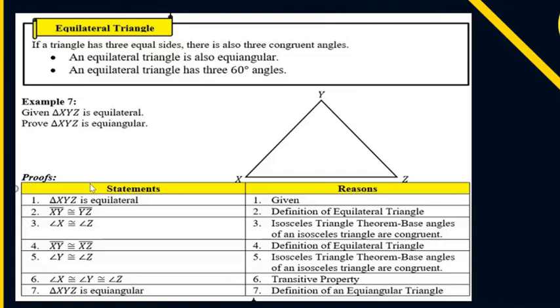Then segment XY is congruent to segment XZ, by definition of equilateral triangle. Then angle Y is congruent to angle Z, by the isosceles triangle theorem: base angles of an isosceles triangle are congruent. Then angle X is congruent to angle Y is congruent to angle Z, by the transitive property. Therefore, we have proved that triangle XYZ is equiangular.